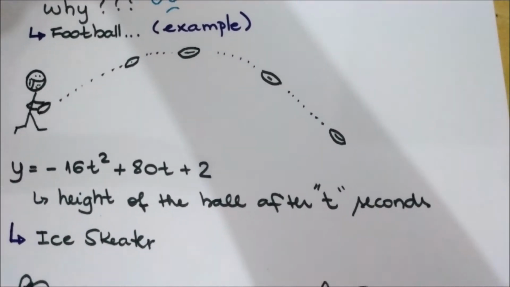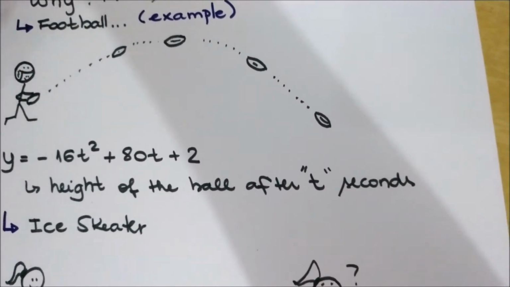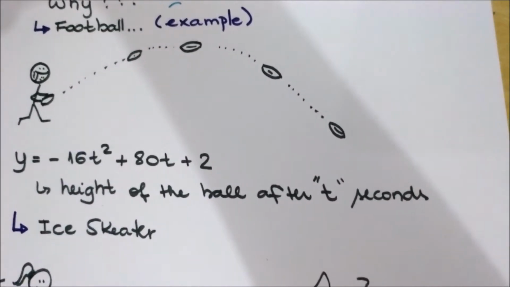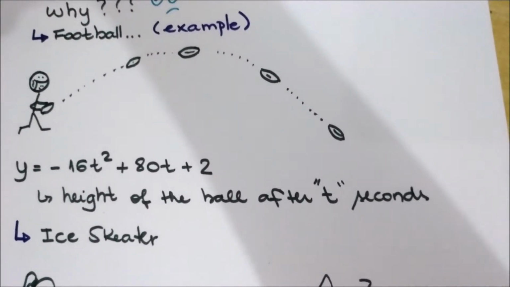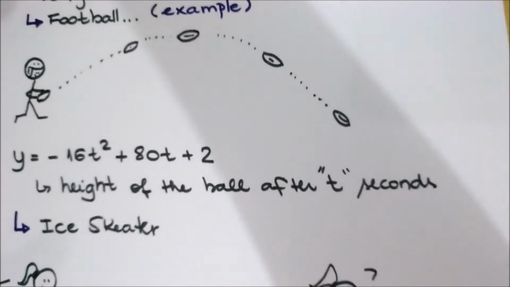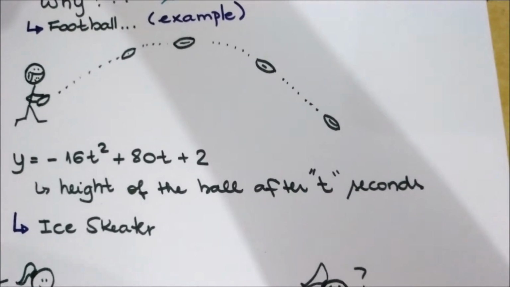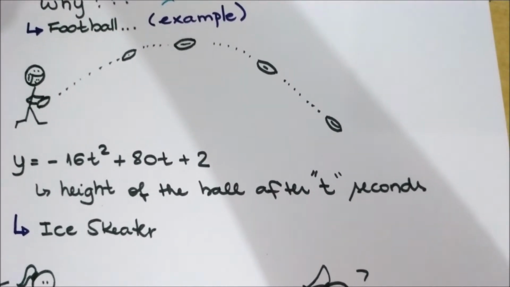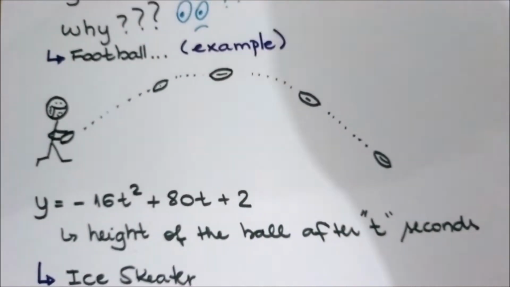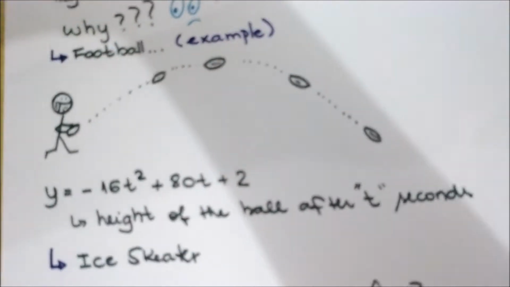Alright, so one of the examples we could think of is, for example, in football. When they play football, and by football I mean American football, there is one thing called hang time. Hang time is the total amount of time that the ball stays in the air before it lands again. So if we think of the situation that's happening, at first, what do we have?